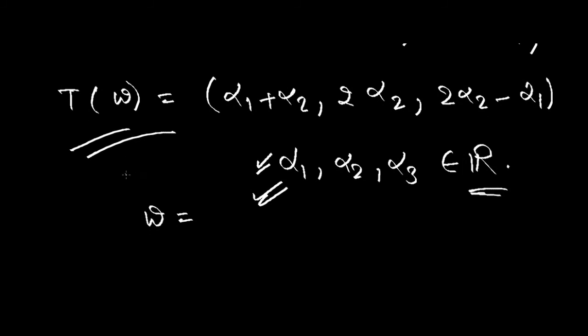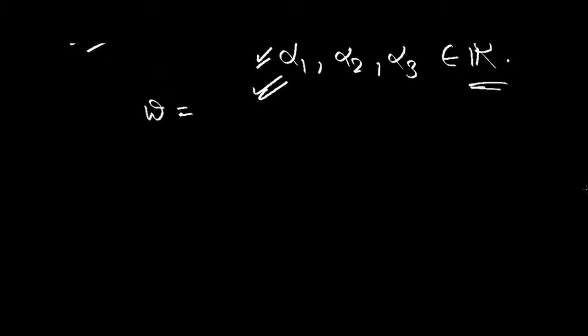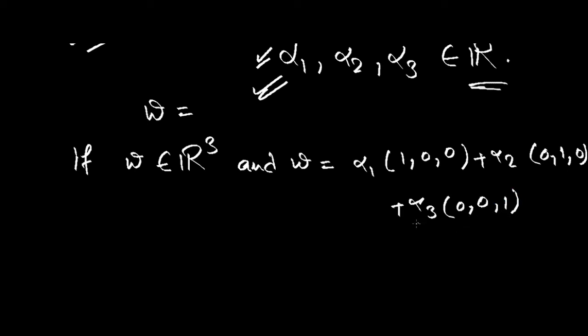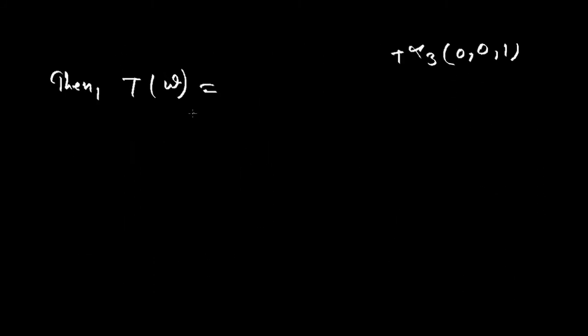You can rewrite it in a better way: if w belongs to R3 and w is equal to alpha 1 times (1, 0, 0) plus alpha 2 times (0, 1, 0) plus alpha 3 times (0, 0, 1), then T of w will be equal to the same transformation we got here, that is alpha 1 plus alpha 2, 2 into alpha 2, and 2 into alpha 2 minus alpha 1, right?